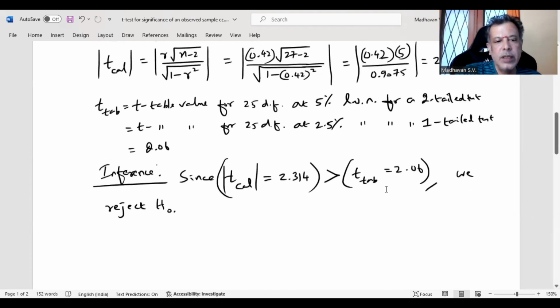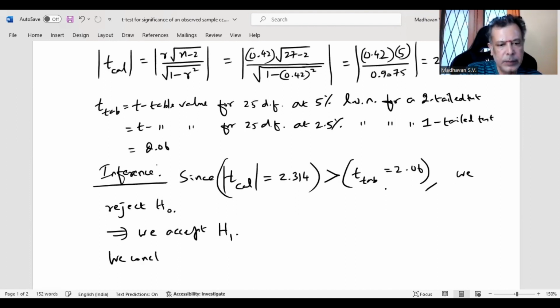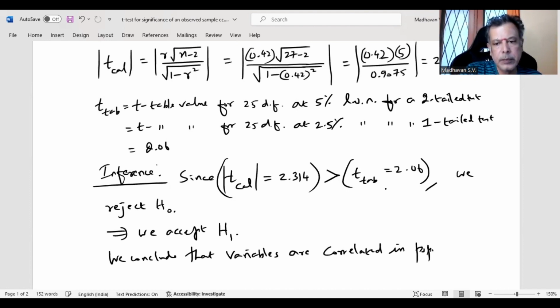When we reject H0, we accept H1, which means we conclude that the variables are correlated in the population and the r value is significant.